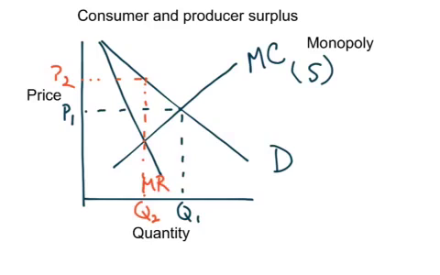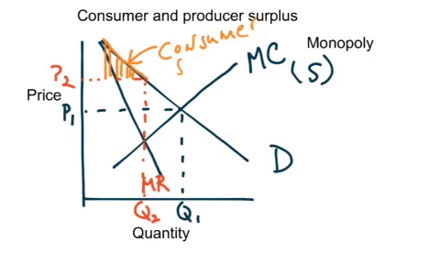So we're going to continue here with the same idea of showing the consumer surplus, which is the area under the demand curve down to the price that the consumer is paying. So this part right here represents the consumer surplus. It's the same concept: it's the area below the demand curve above the price they're paying. And then what has happened is the producer surplus has gotten much larger.